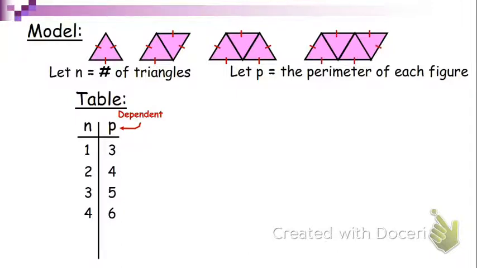And we get 3 is 5, 4 is 6. If we were to do 5, hopefully we'd be able to figure out from the pattern what that perimeter would be, and that would be 7. And you could keep going. But we want to take that information now to make a graph.